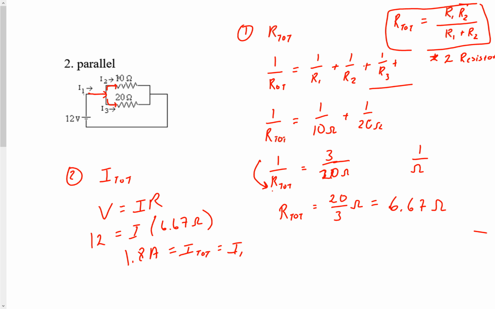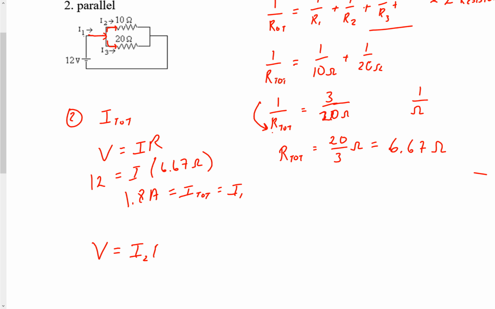So once again, the only formula we need to solve this problem, we could do this one by ratios, but I want to give you a way of doing it for any problem. Say you want to find I2. What's the only formula we're going to use for the rest of the problem? V equals I2R. So what's cool is in parallel, potential stays the same.